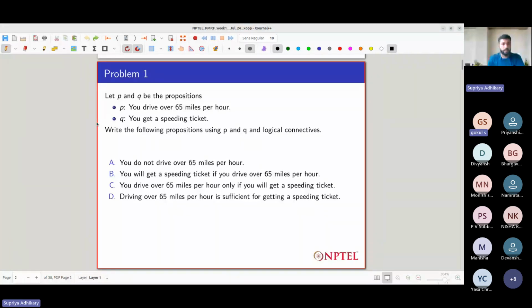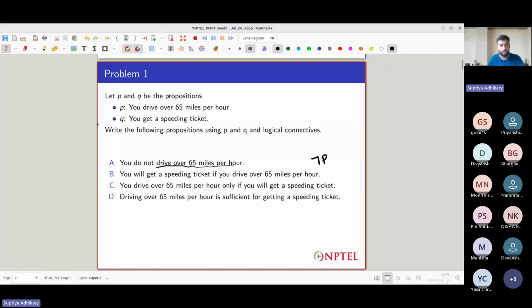Let's try that. The first one is that you do not drive over 65 miles per hour. Driving over 65 miles per hour was the proposition, but the statement says you do not drive over 65 miles per hour, so this can be written as the negation of P. Statement B says you will get a speeding ticket if you drive over 65 miles per hour.